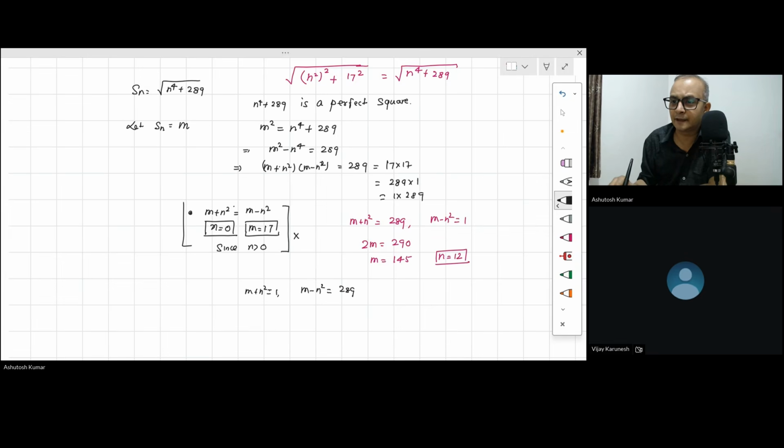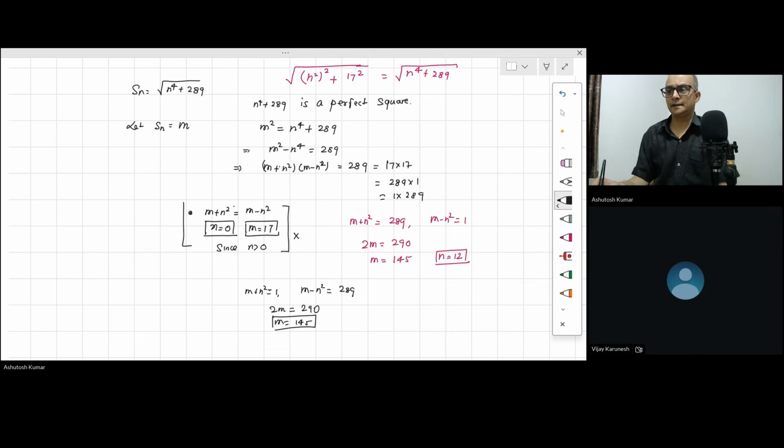If I add them again, we get 2m is equal to 290, so m is equal to 145. If you substitute anywhere, what do we get? Again we get n square as a negative number, so it will be complex.